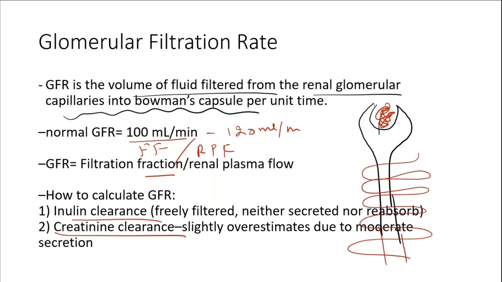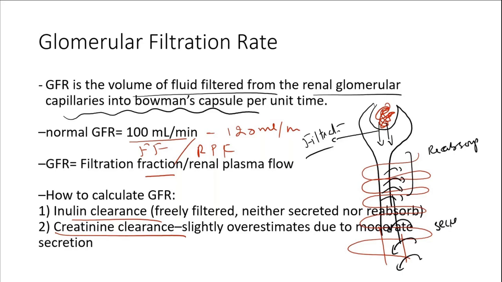Whatever is filtered from glomerulus into Bowman capsule into the tubule, that is filtration. Anything absorbed from tubule into the peritubular capillaries is reabsorption, and anything that goes back from peritubular capillaries into the tubule is secretion. Whatever goes with the urine is excretion.